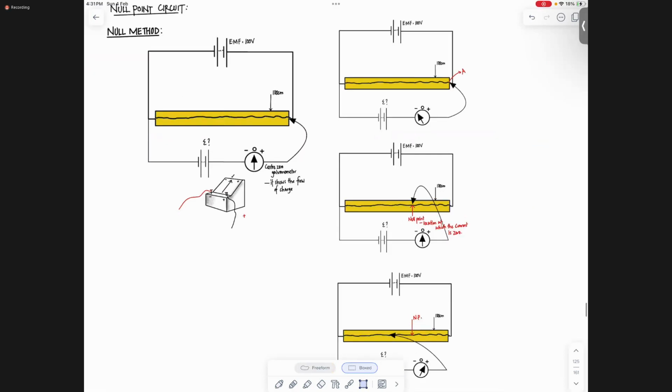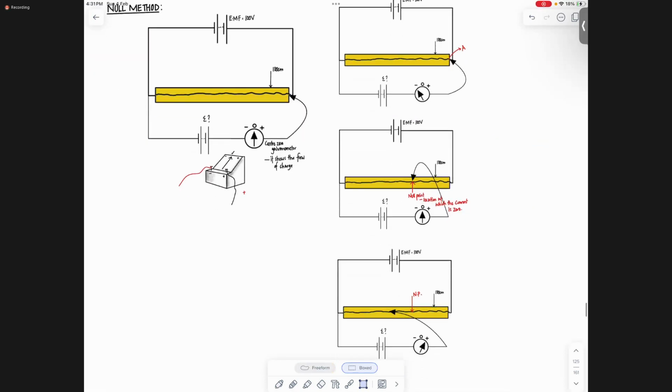So if you look at the bigger picture, we start off with the deflection to the left, then the null point is zero, and then as you cross the null point, it deflects the other way. So we need to find what the EMF of this is using the information we just gathered. That is our question: what's the EMF based on the information gathered here.